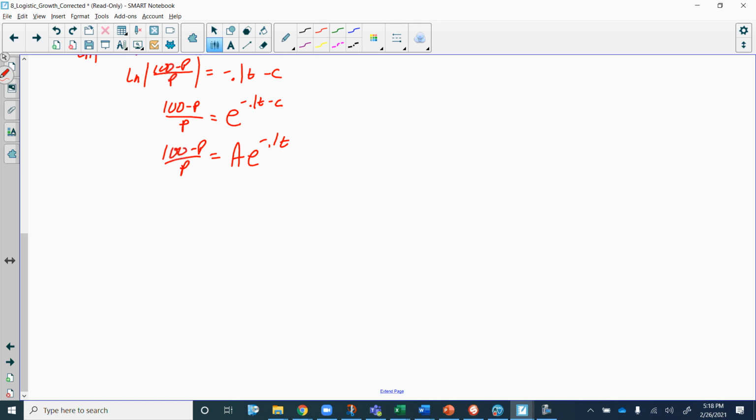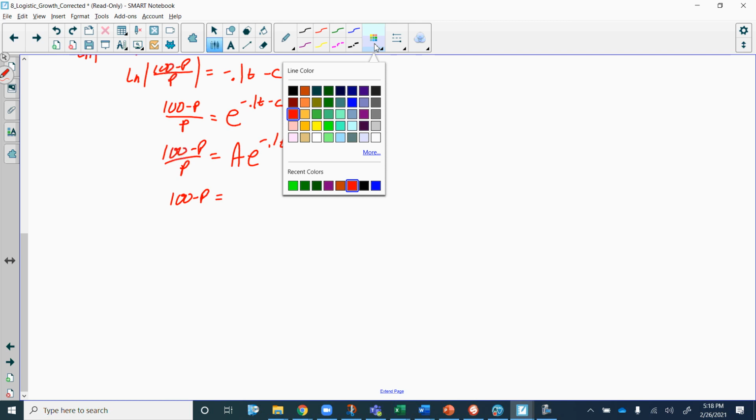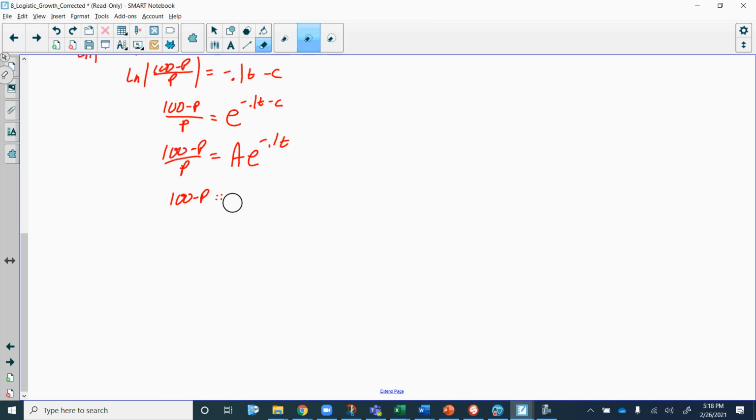Move the p's over, and in this case, I'm going to wind up with 100 minus p equals, let's just go ahead and move that p over now. Save myself an operation here.